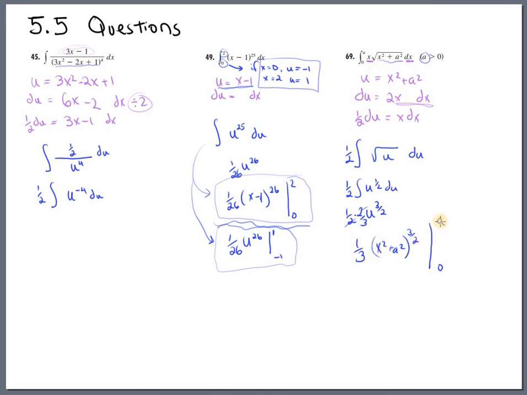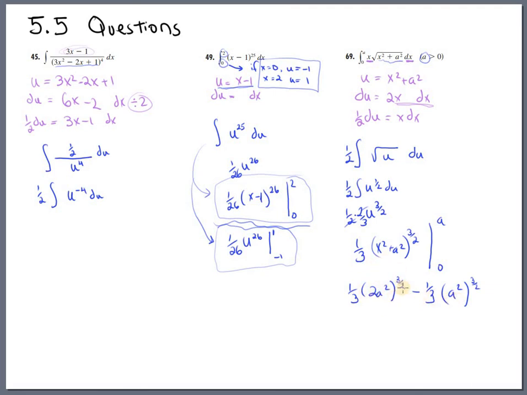So when I plug in a, I get 1/3 a squared plus a squared, so 1/3 of 2a squared to the 3 halves. And then minus 1/3 when I plug in 0, 0 plus, I'll just get a squared. A squared to the 3 halves.